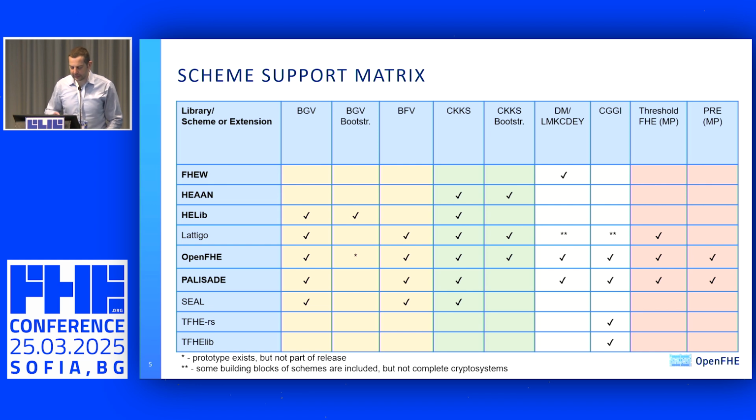And so again, we try to incorporate some of the functionalities from the prior projects. There is still a gap as compared to HEaaN in terms of BGV, BFV bootstrapping, where we know this field is still unstable. There are many improvements being made, as we saw earlier today. But in general, everything that's quite common is being included.